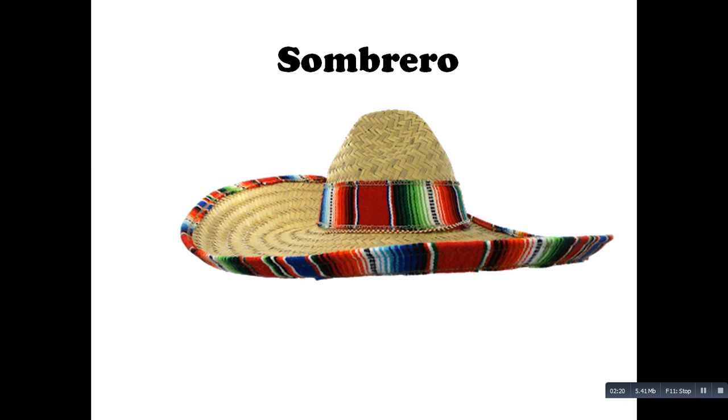This is a hat, and this particular hat has a special name called sombrero. It is used in Mexico by Mexican people, and it helps to protect your head from sunlight. So you call this Mexican hat a sombrero. Moving on to the next picture.